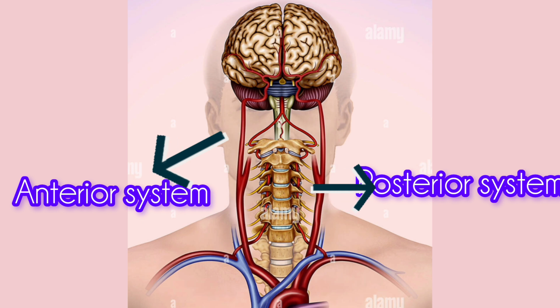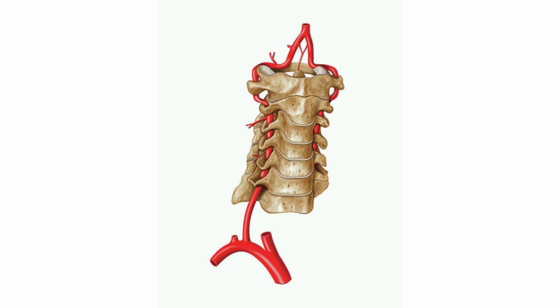As I said before, the internal carotid system is one of the major sources of blood supply to the central nervous system. The vertebral artery is the secondary source of blood supply to the brain, and the vertebral arteries enter the cranial cavity through the foramen magnum.